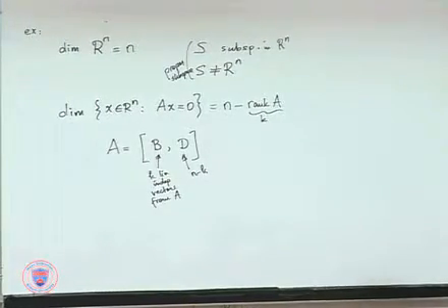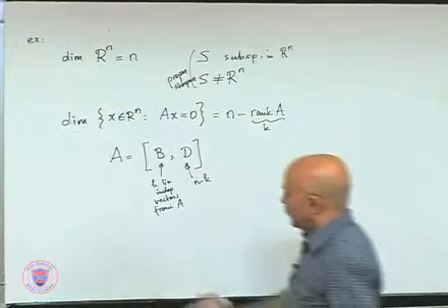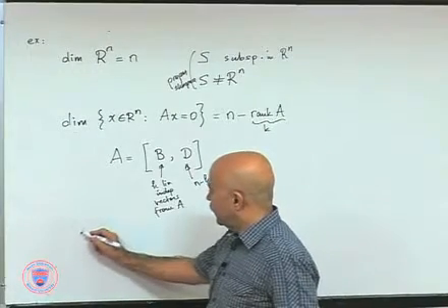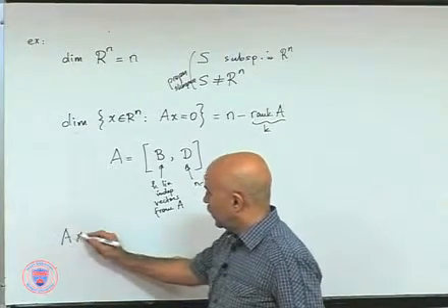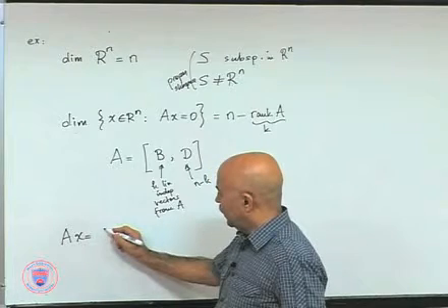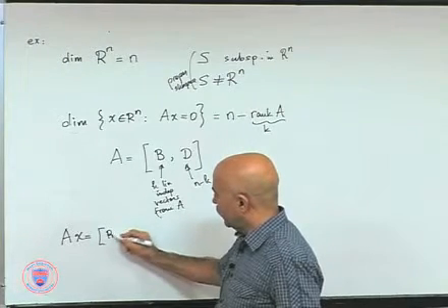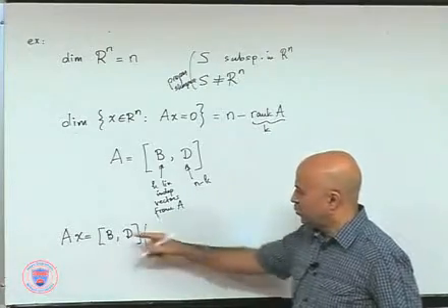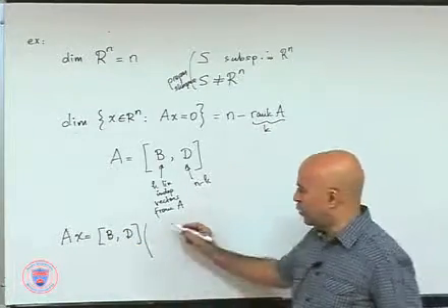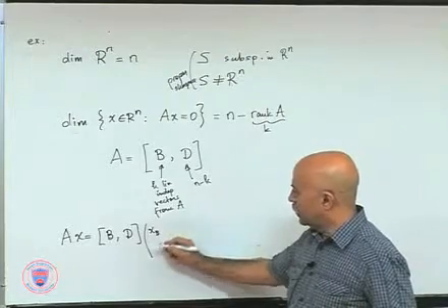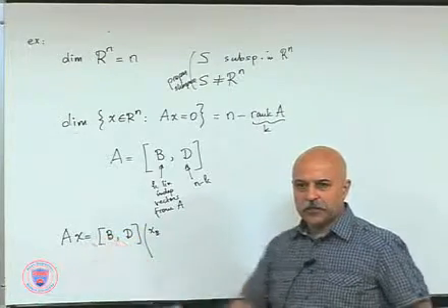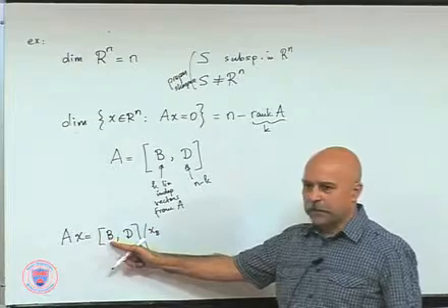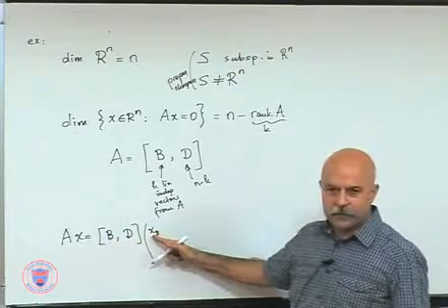Okay? So when you do this, you can partition AX in the following way. So you've got B and D in partitioned form. You also partition your X vector accordingly. You put the variables Xj associated with the columns in B at the front.